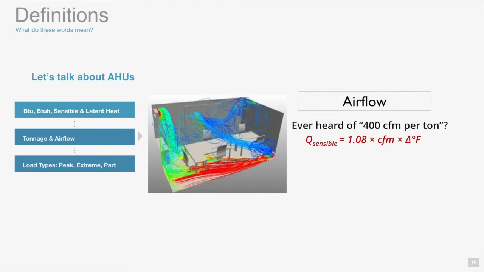So if you use the formula we talked about, the quantity of sensible heat equals 1.08 times the cubic feet per minute of air times the change in temperature across the coil. And let's assume you've got a sensible heat ratio of 75%. For that same 3-ton unit we were talking about before, you've got 27,000 BTUs, and that will equal 1.08 times cubic feet per minute times the typical temperature change across a coil, which is going to be about 20 degrees Fahrenheit.